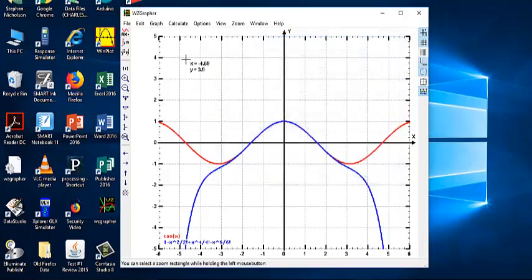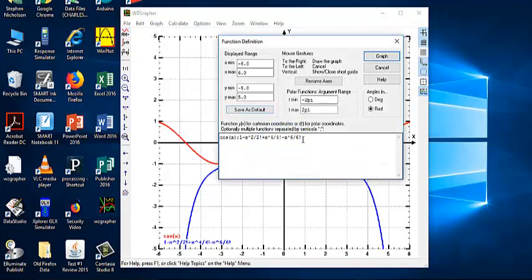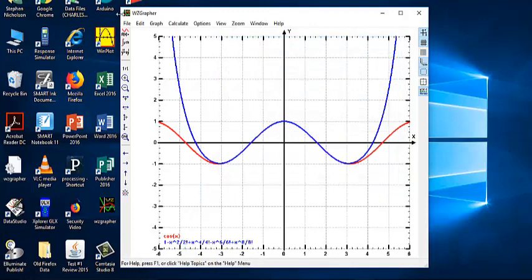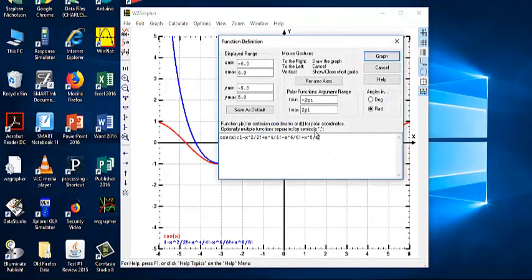So there we go. That's a sixth order polynomial. That's an eighth order polynomial. Is that another one? Minus x to the 10th divided by 10 factorial.